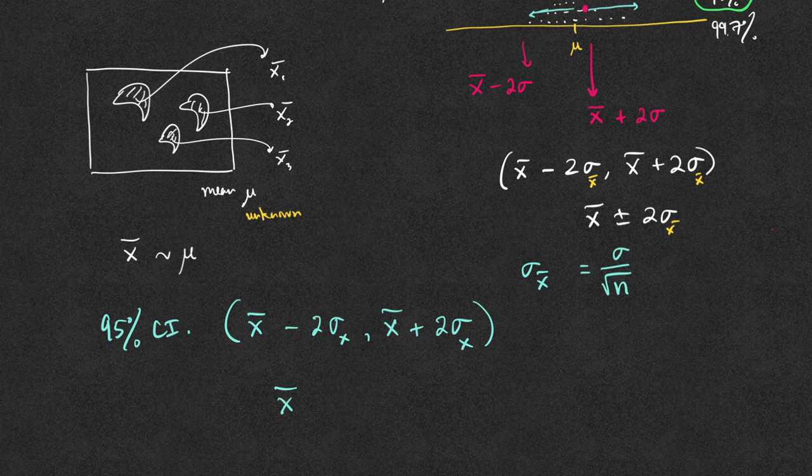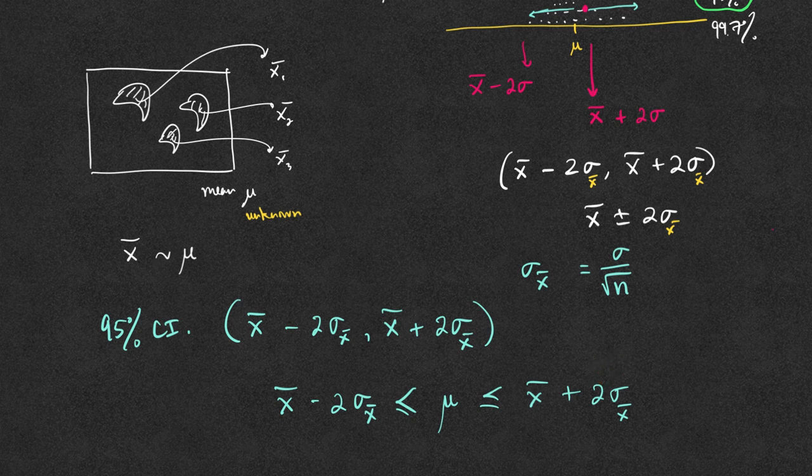Remember that x bar minus 2 times the standard error is less than or equal to the unknown mu, less than or equal to x bar plus 2 times the standard error of the mean. The number 2 in this formula represents the number of standard errors.